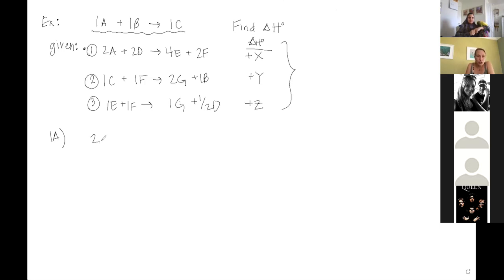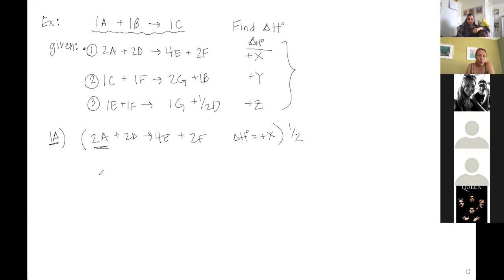So I have the equation 2A plus 2D goes to 4E plus 2F with a delta H of positive X at standard temperature and pressure. I'm looking for 1A, and I have a 2A here, so I'm going to need to divide this entire equation by 2, or multiply by 1/2.